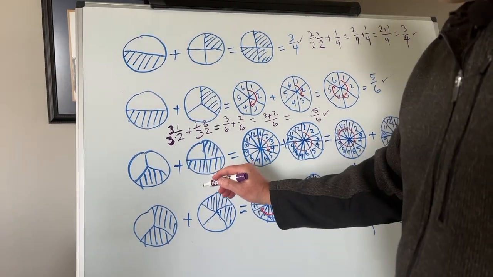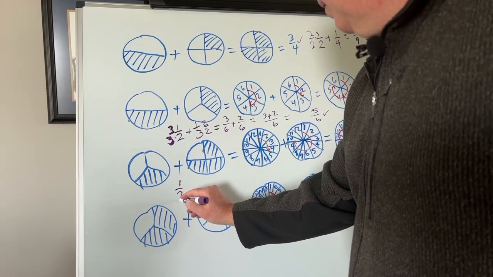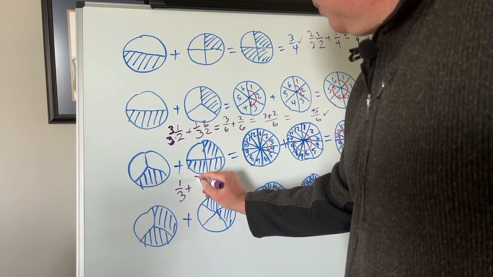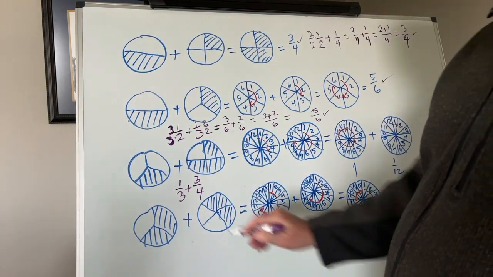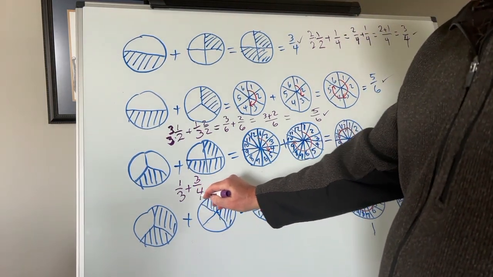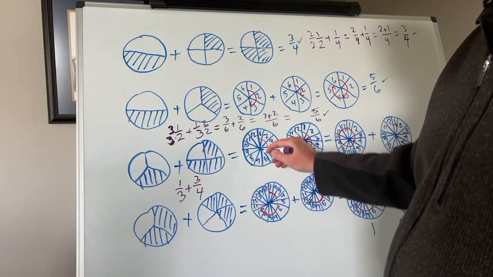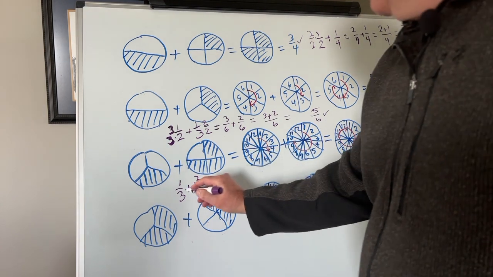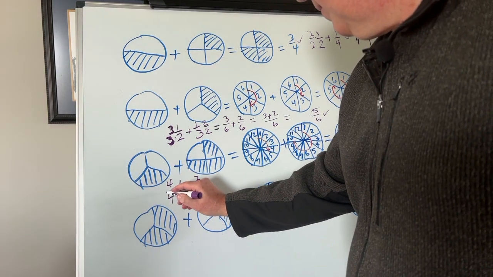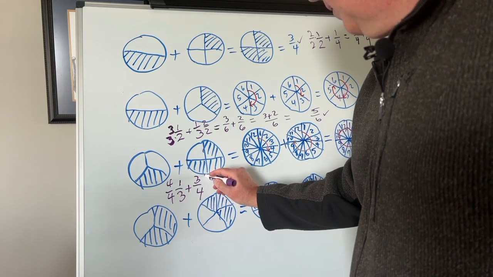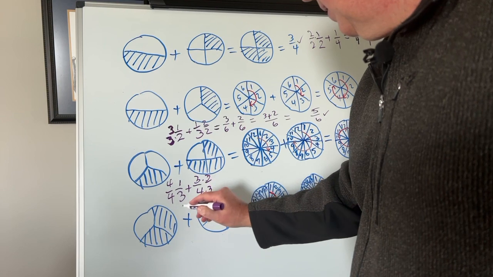And the fourth one here, 1/3 plus 3/4, 3 over 4. Again, the common denominator is going to be 12, like we have here. So I'm going to multiply this by 4, top and bottom. This by 3, top and bottom.